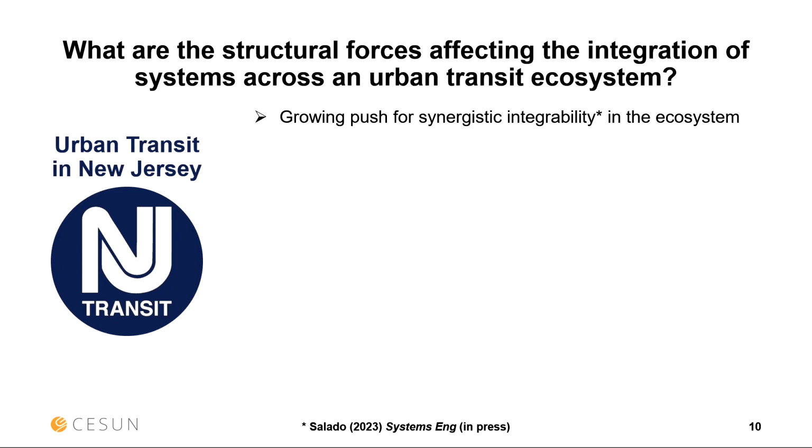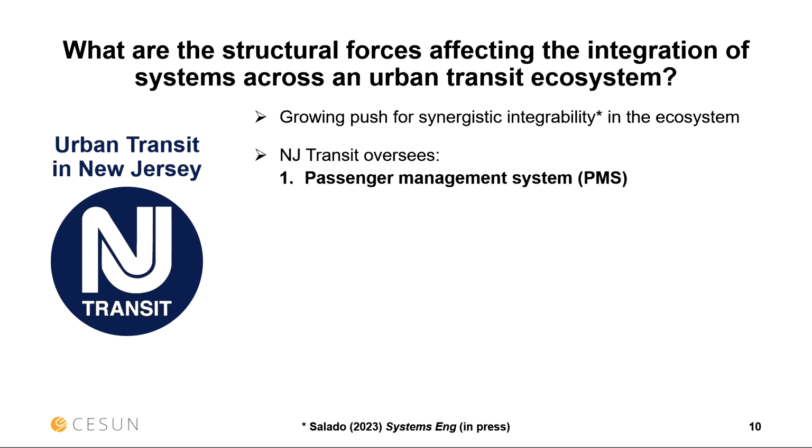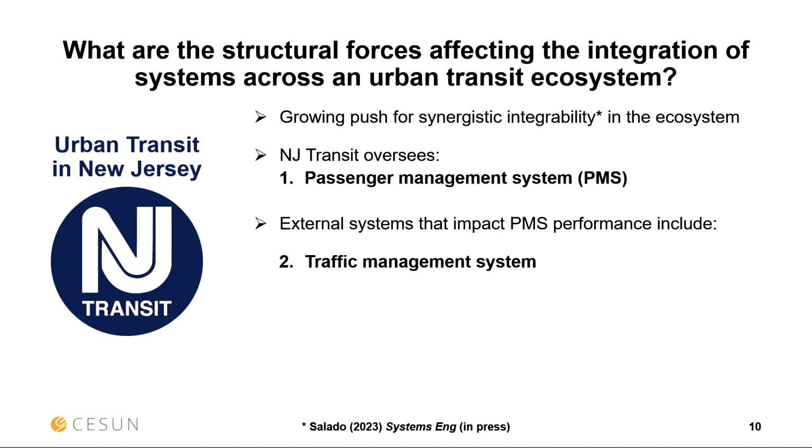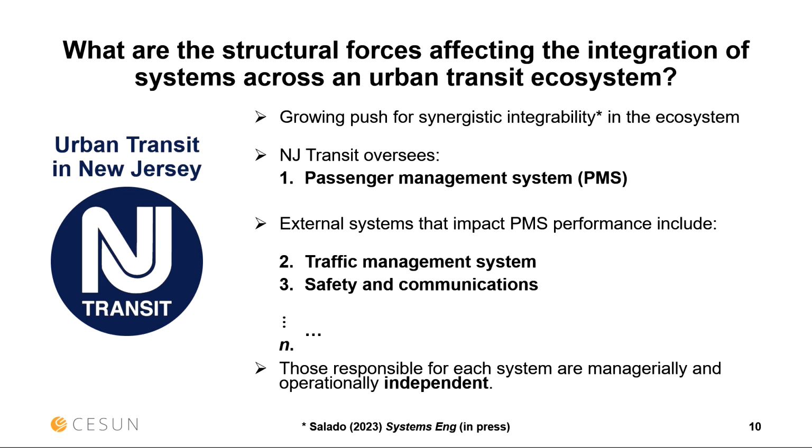Let's focus on NJ Transit's passenger management system. The performance of this system is affected by external systems outside NJ Transit's control, namely traffic management, safety and communications, and many others. As with urban transit in New Jersey, the actors responsible for these systems are managerially and operationally independent.